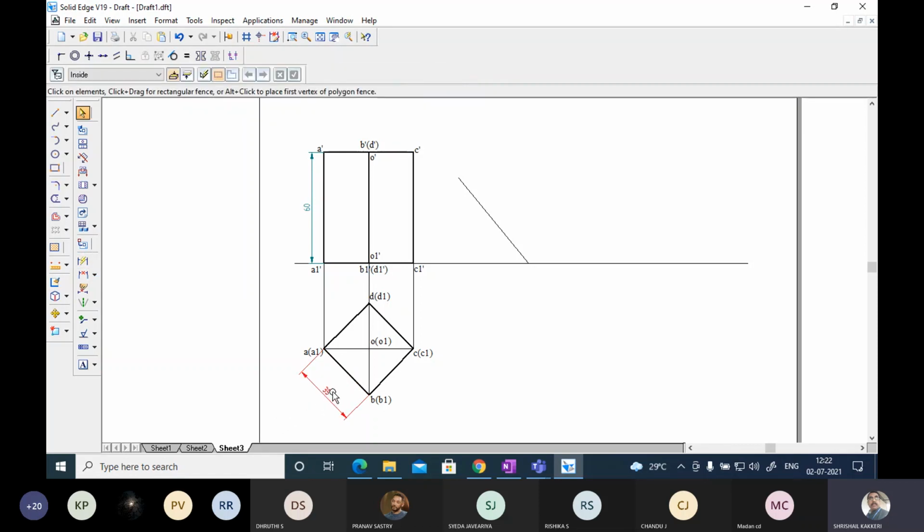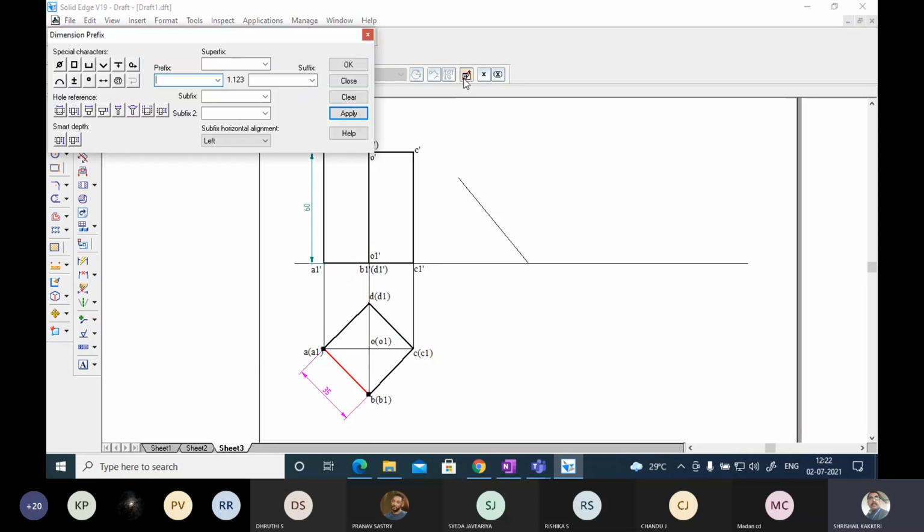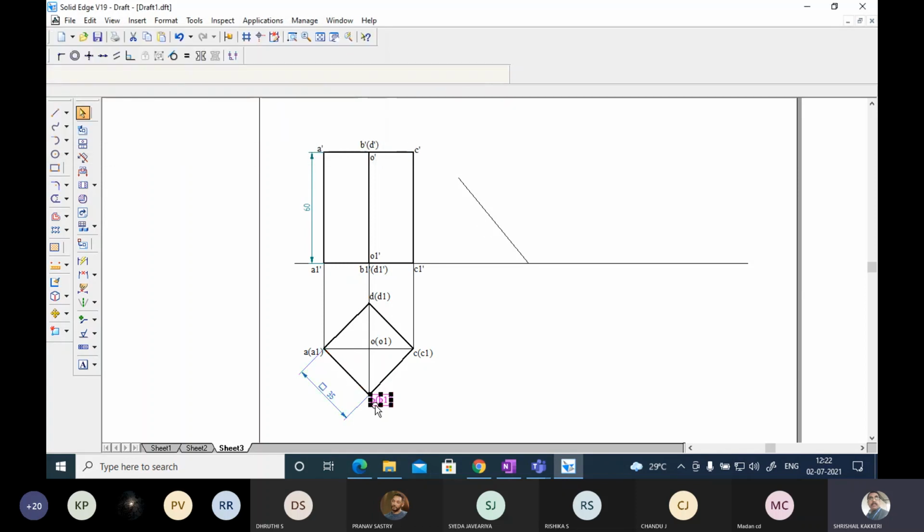You click onto this, and here you select a tool. Here you can write square. Okay, apply, and close. This length I have taken 35 mm square and height is 60. These are the initial dimensioning. You need to do them.